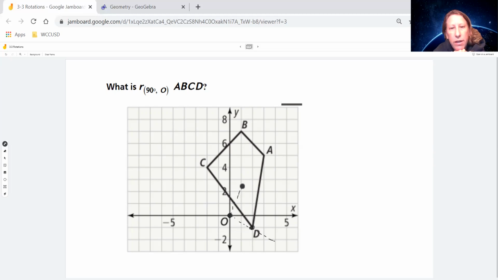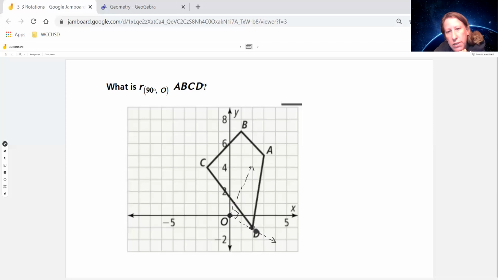One way to think about that is to make a couple rays. You want to make a ray that includes D, and you want to make a ray that's 90 degrees away from that. It's a little bit hard to see, but I'm trying to show you that right there is a right angle.